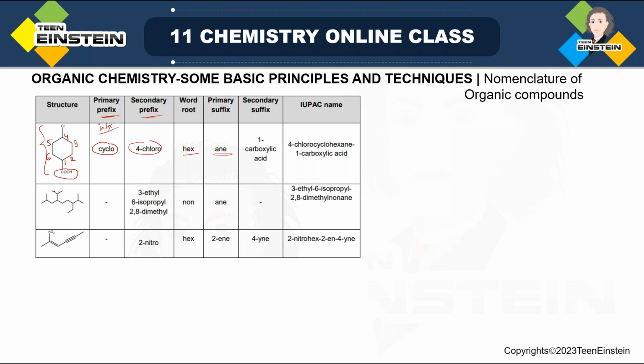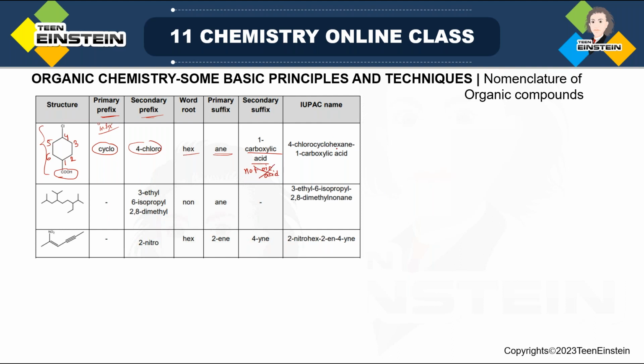If it is not part of the positions, because I have not started the numbering from the CO2H carbon, that is why it will be carboxylic acid, not oic acid. If you are writing oic acid, it is wrong.